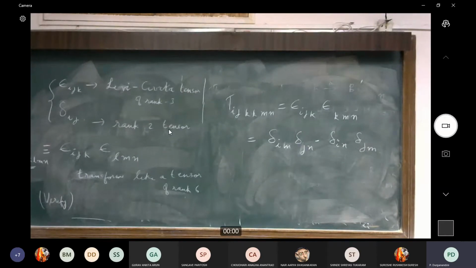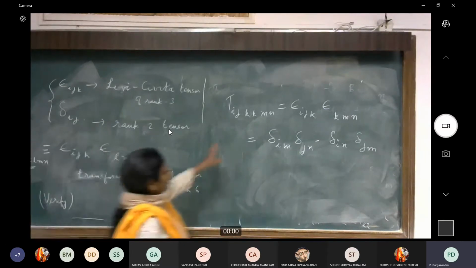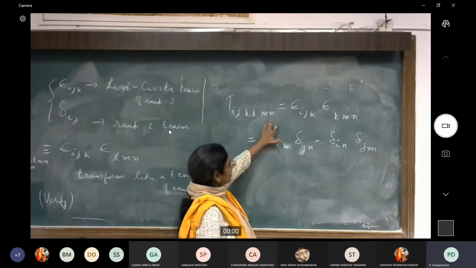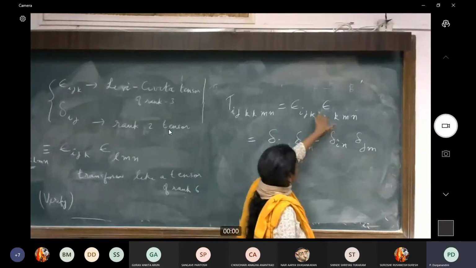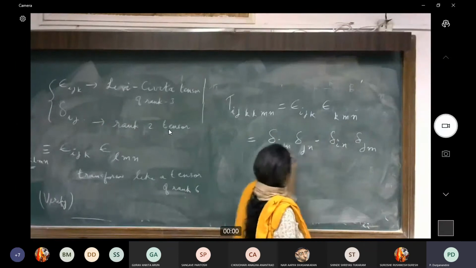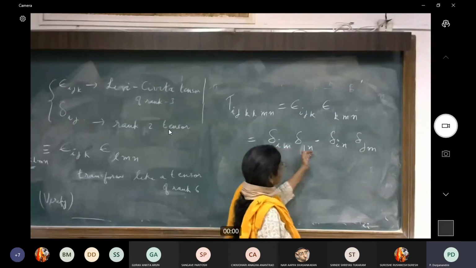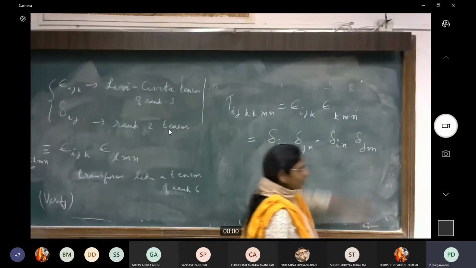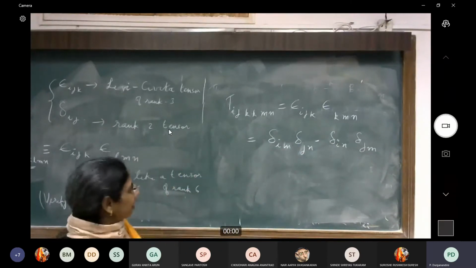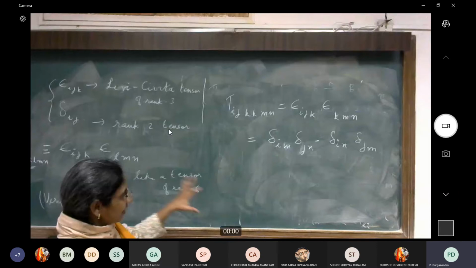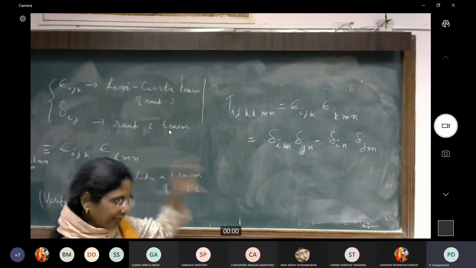So how would you show this? My claim is that you have this identity: epsilon ijk times epsilon kmn equals delta im delta jn minus delta in delta jm. Since often you will find that we will be manipulating such kinds of terms, it's useful to check whether such an identity is even correct or not.